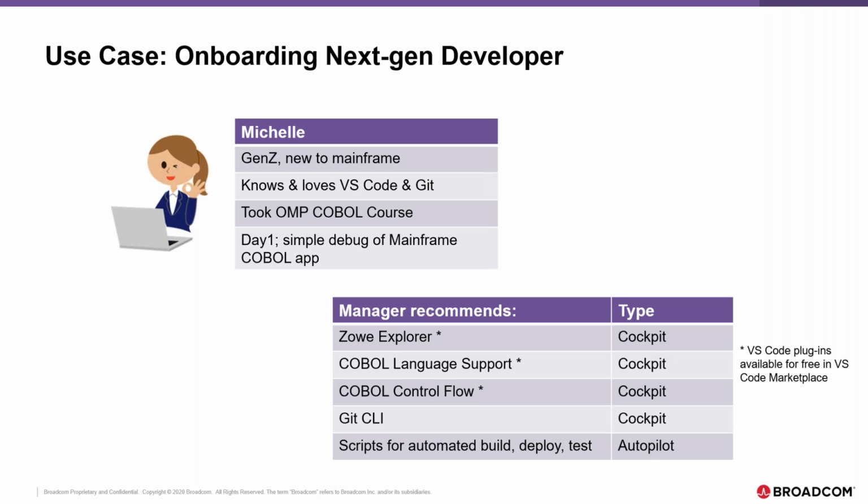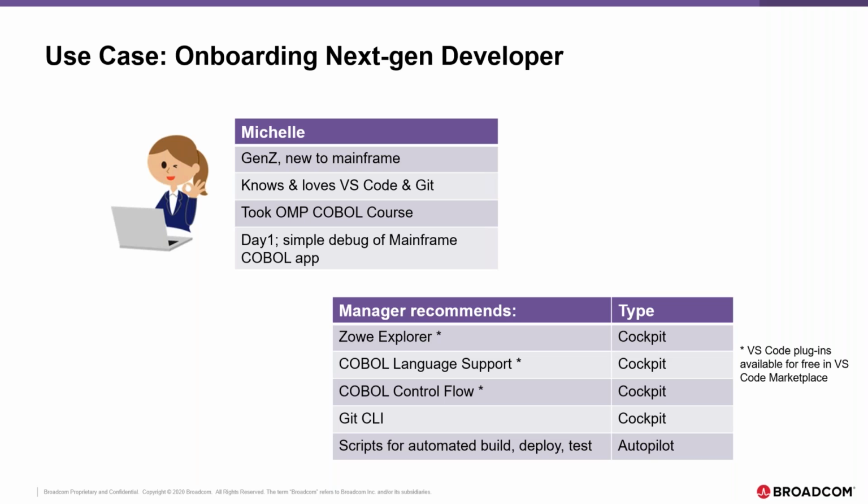a common mainframe issue. To set the stage for her preferred development experience, her manager recommends some tools for her: VS Code cockpit, including several VS Code extensions, Git CLI, and several scripts. Remember that autopilot experience mentioned a few slides back?